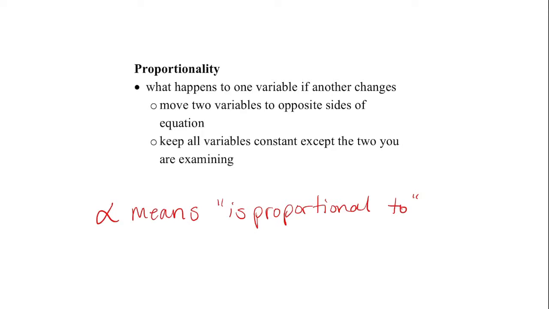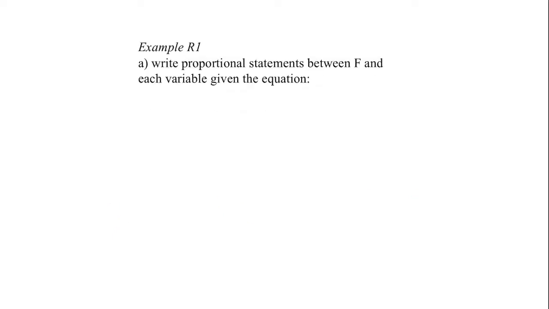Okay, so let's do an example of this, but with a slightly more complicated equation than F equals ma. So I have this equation here, which you guys don't know about yet, but you will when we get to electric forces and fields. This is Coulomb's law. And so I want to know the proportionality between F and each variable given in the equation.